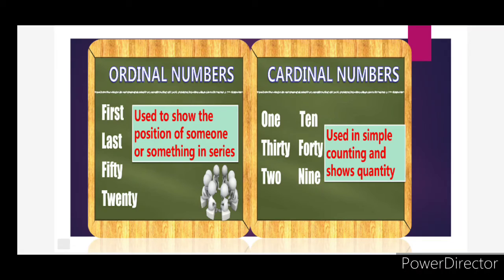Cardinal numbers are used in simple counting and show quantity. For example, 1, 30, 2, 10, 40, 9. So I hope you all understood the difference between ordinal and cardinal numbers.